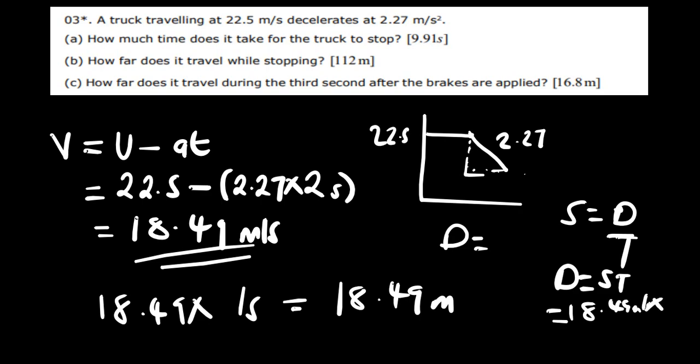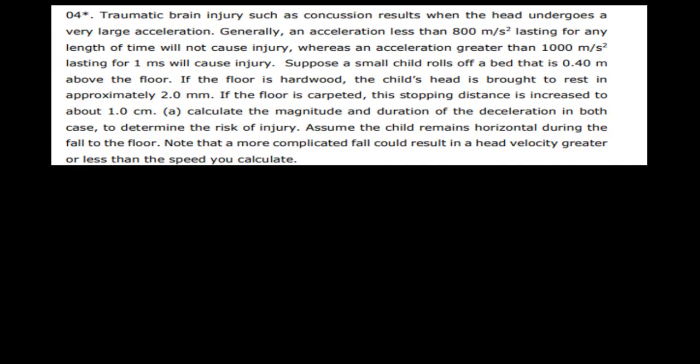This is multiplied by the time. We've already done 2 seconds. Now we just have to do 1 second, and we're getting 18.49 meters. So that will be the answer, although here they found 16, but it's very close. Okay, so that's what we're going to do.